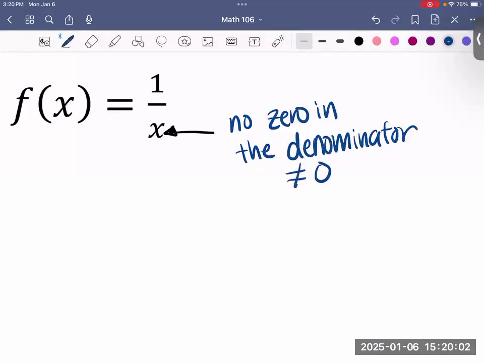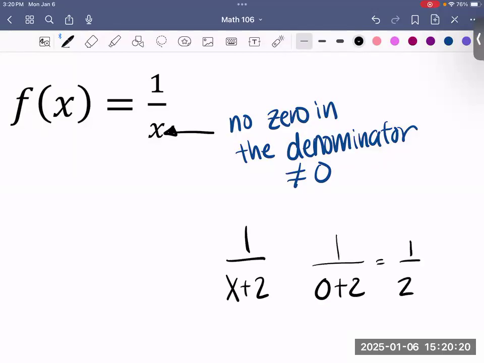And this is just a very elementary case. Eventually, you'll end up seeing where it's x plus 2, right? We can say the same thing. You just cannot have 0 in the denominator. It doesn't mean that 0 plus 2, no. If it's 0 plus 2, that's just 1 over 2. Is there a 0 in the denominator? No. What number does x have to be in order for a 0 to occur?